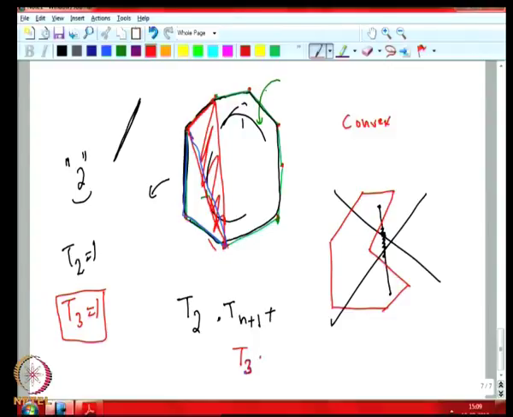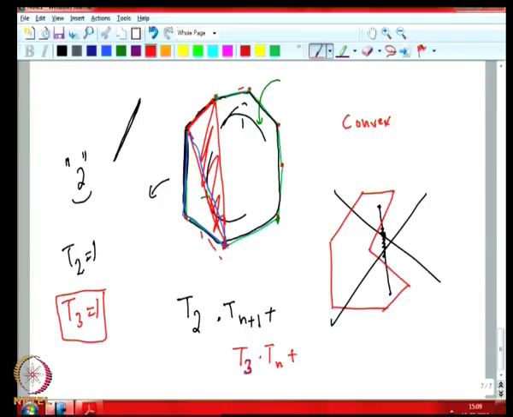On the other side, we have T n plus 1 minus something. How many will be there? Here 3 are lost, but 1 is added, so in total 2 are lost, n plus 2 minus 2, that means Tn.